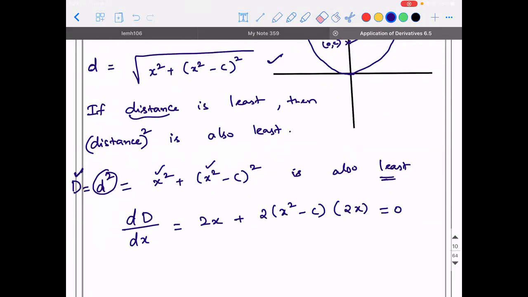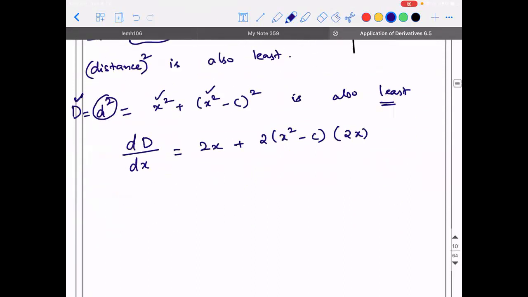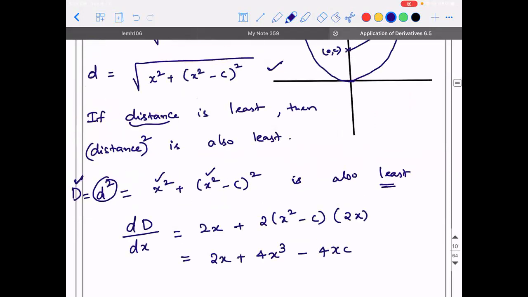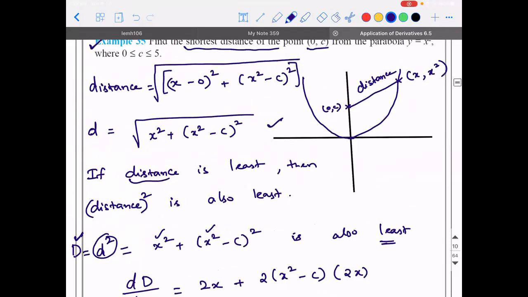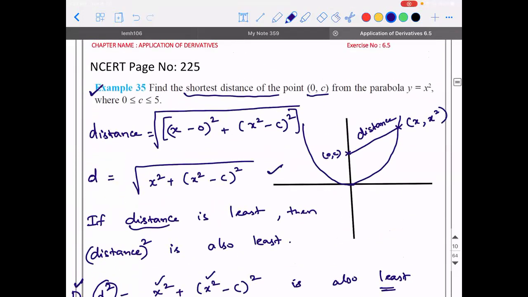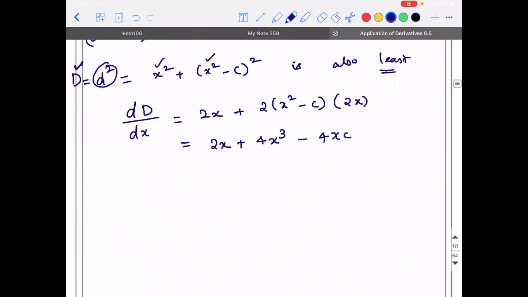I'll write another step so that you're not confused. 2x plus 4x cube minus 4xc. Y is equal to x square. Guys, any doubt till this point?